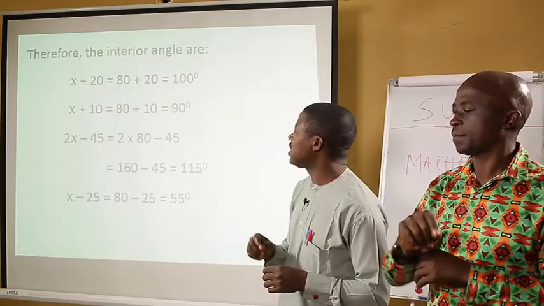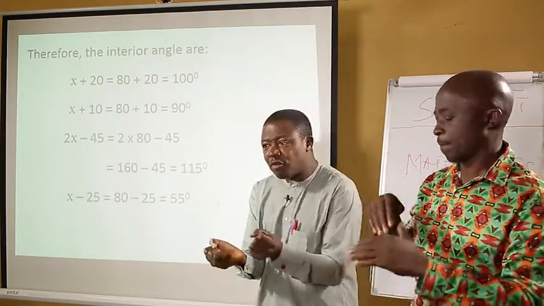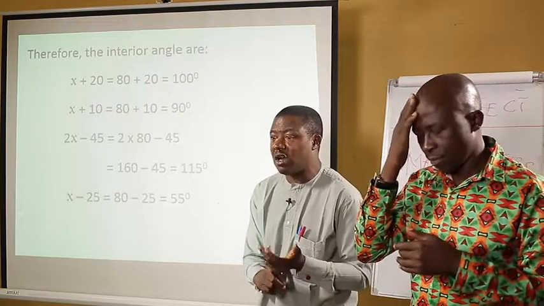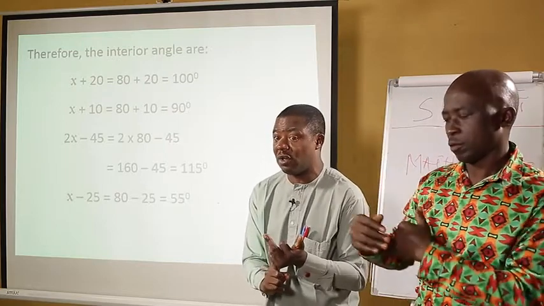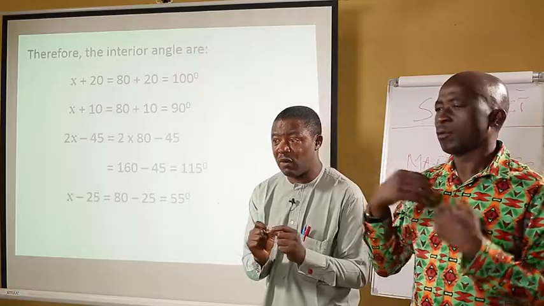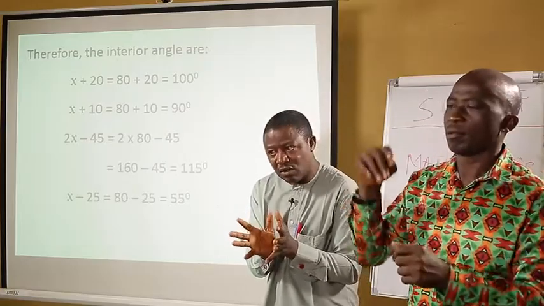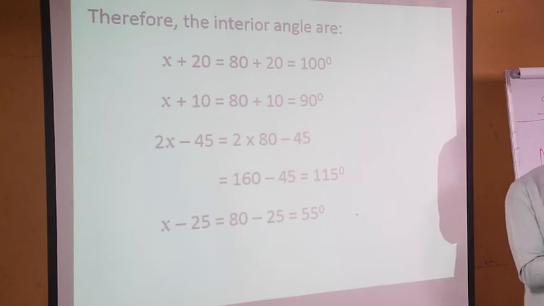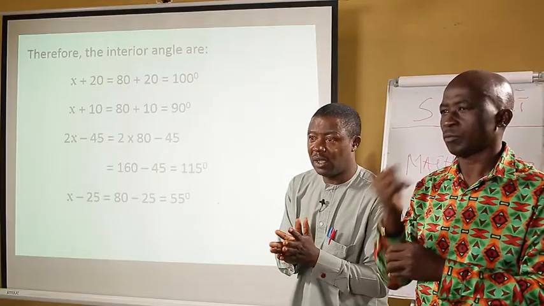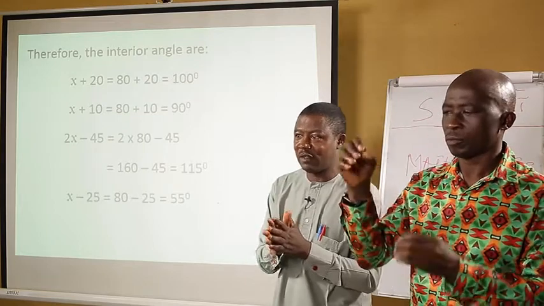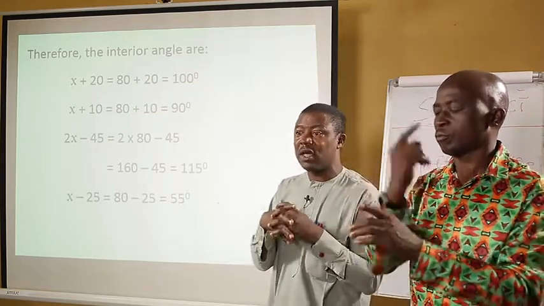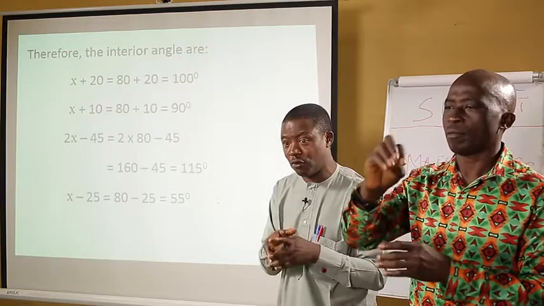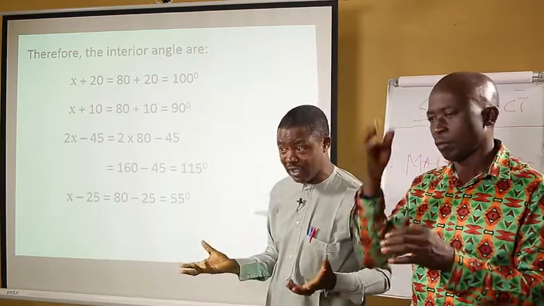Therefore, the interior angles have to be determined. You know the interior angles first before you find the exterior angles. Since we know the value of x, we can deduce the angles of the quadrilateral. x plus 20 is the first angle, and it will be 80 plus 20 because we have deduced the value of x as 80.